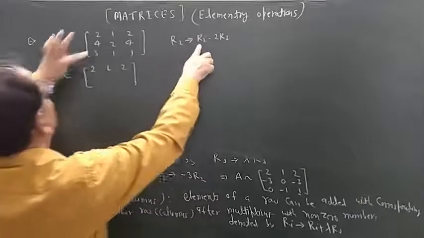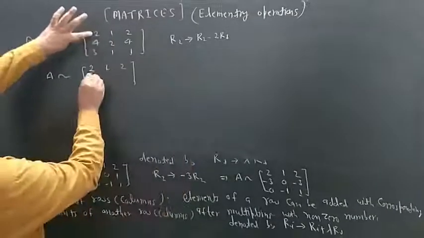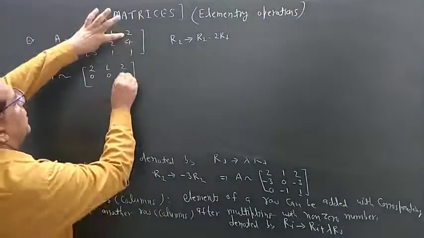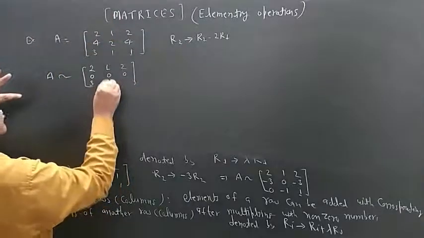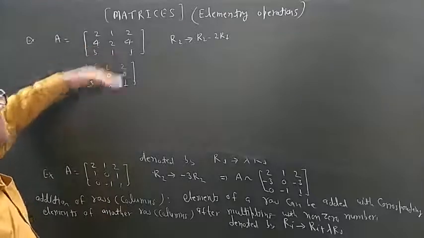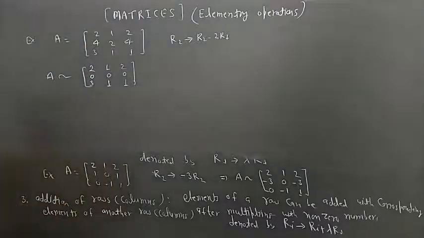Now R2 minus 2R1: 4 minus 4 becomes 0. 2 minus 2 becomes 0. 4 minus 4 becomes 0. And this is the third row, 3 1 1. So there is no change in the first and third rows. So this is the third property of the elementary operations.